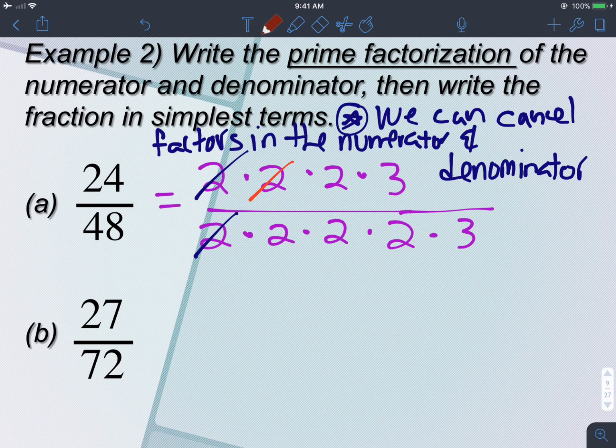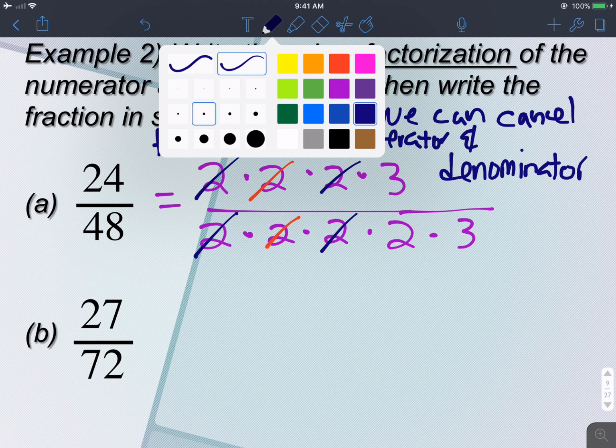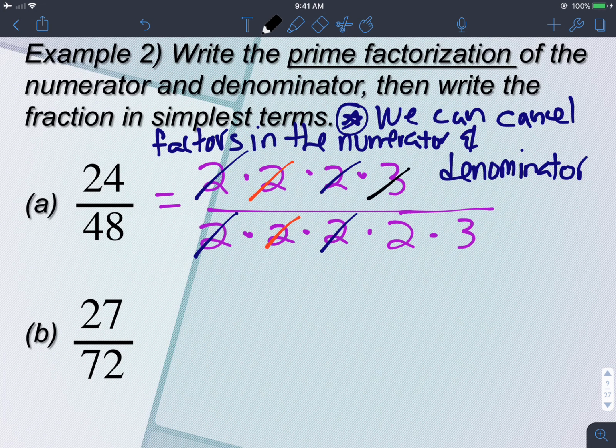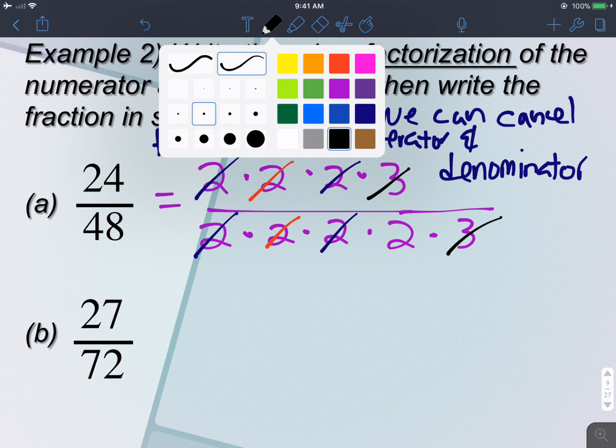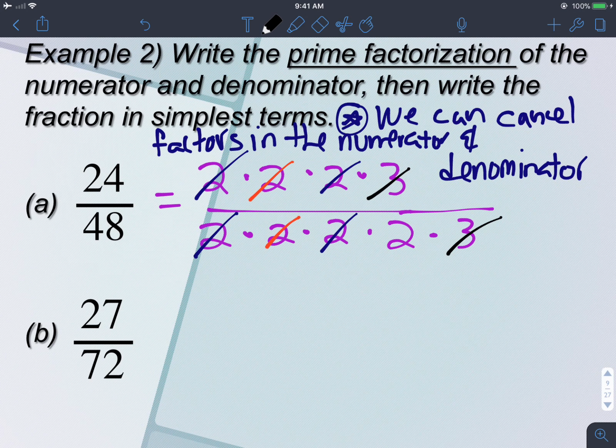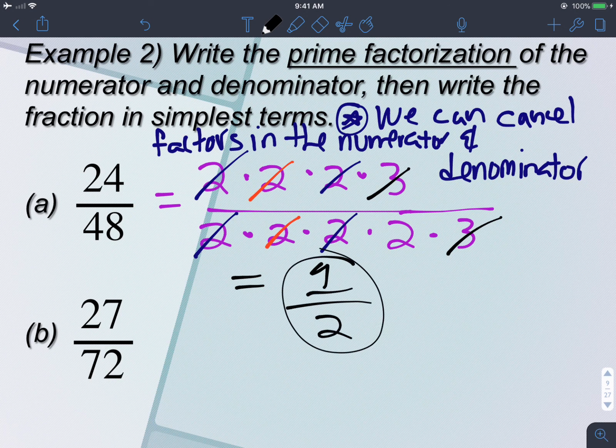I got another 2 and another 2. And you keep doing that. Three and a 3. So this whole thing can be broken down into what's going to be on top. There's nothing there, but you still have to imagine that there's a 1. So it reduces to 1/2. It's just another way to think about it, that's all. You'll see that when we get to multiplying fractions.